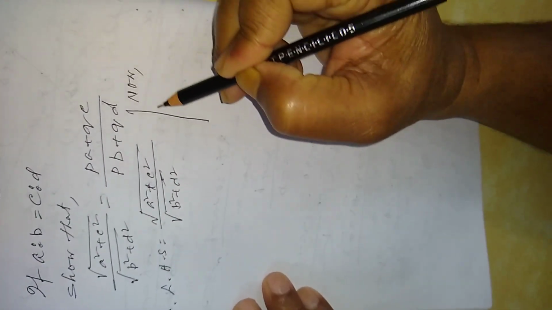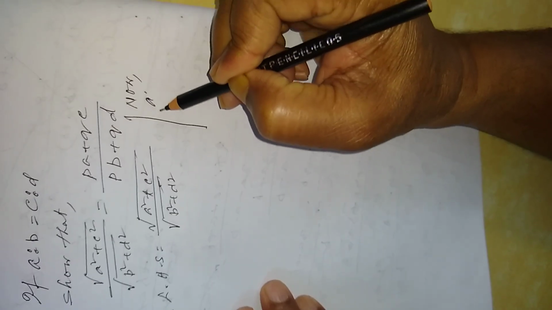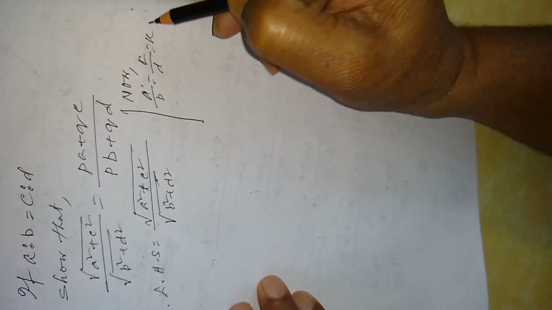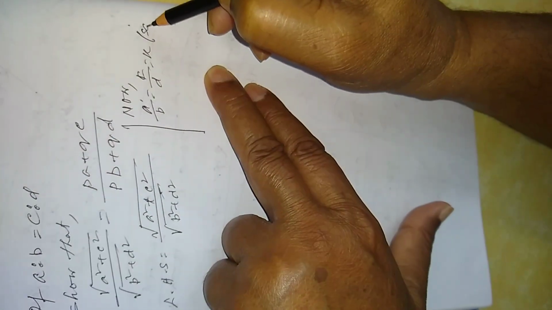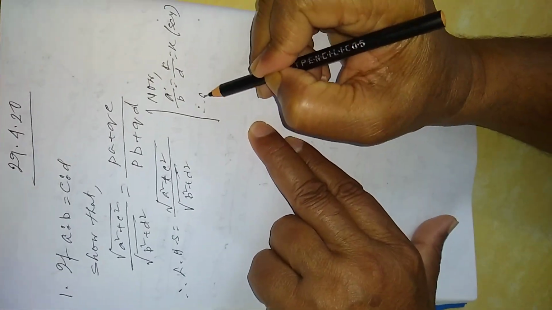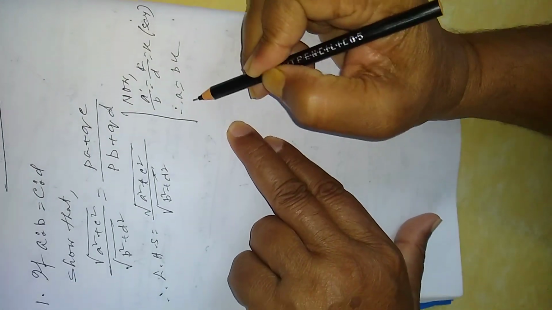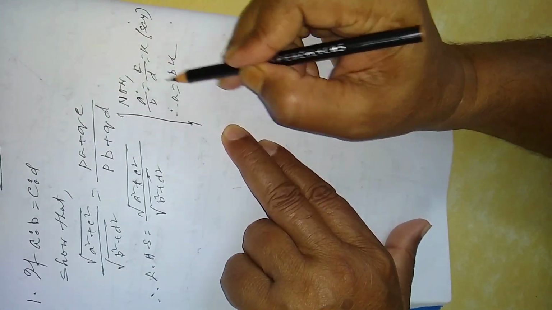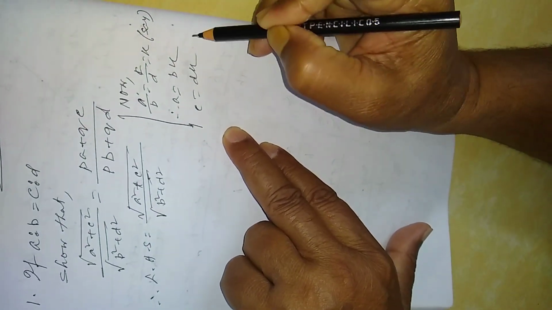Now here A by B is equal to C by D is equal to K, let. Therefore A is equal to BK and C is equal to DK.